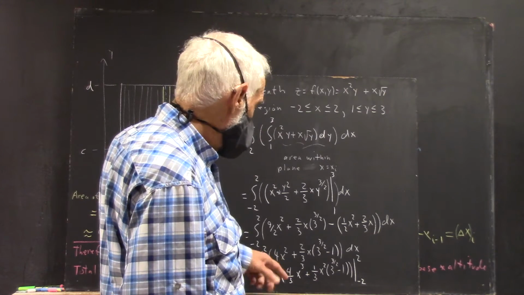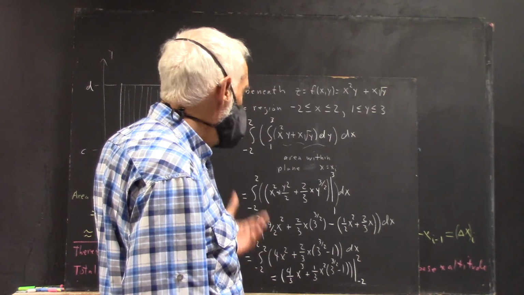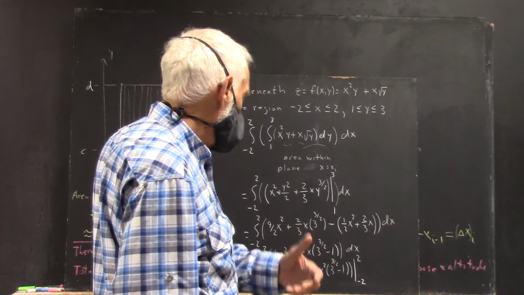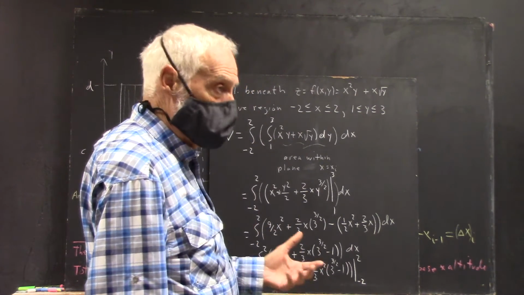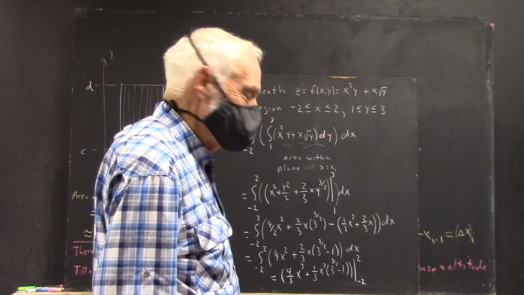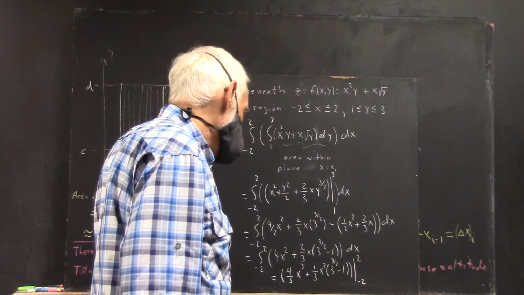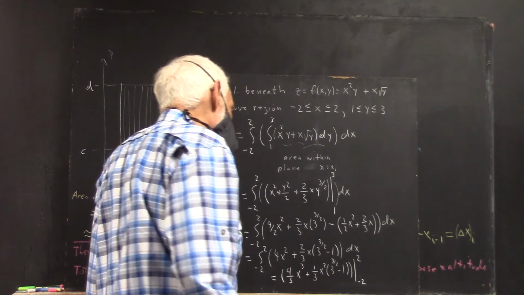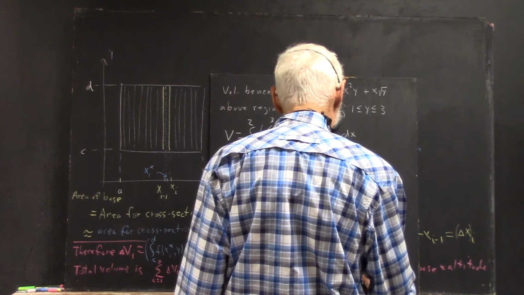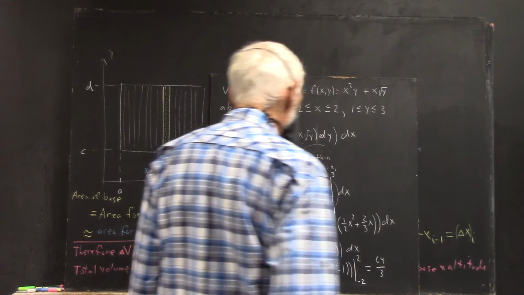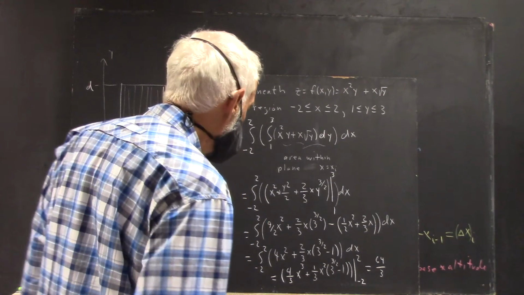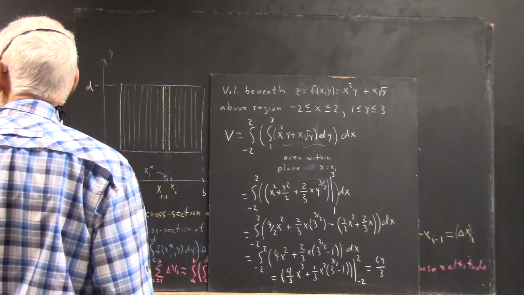And that's 4/3 times 8 minus 4/3 times -8, which is 2 times 4/3 times 8. Okay? Which is 8 squared over 3, 64 over 3.